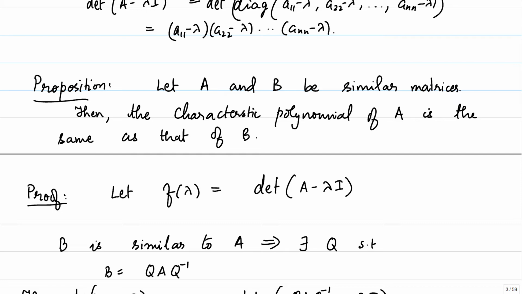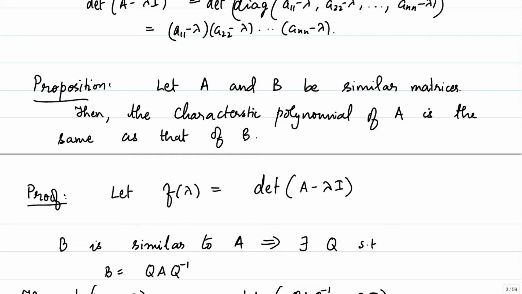Now, if you take a linear operator T on a vector space V and you look at a basis beta, then the matrix of T with respect to beta, T beta beta, is an n cross n matrix, let's call it A. Let's pick another basis beta prime, and look at T beta prime, let's call it B. From one of the theorems we proved last week, we know that A and B are similar, that there exists some matrix Q such that B is equal to QAQ inverse.